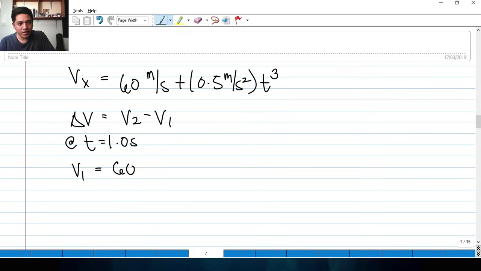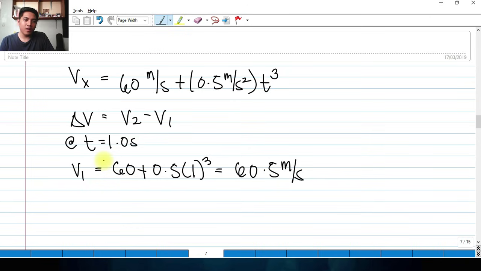So, 60, I'm not writing the units, plus 0.5 times 1 cubed. So, that is basically 60.5 meters per second. That is the velocity of the car at time equals 1 second according to this function.